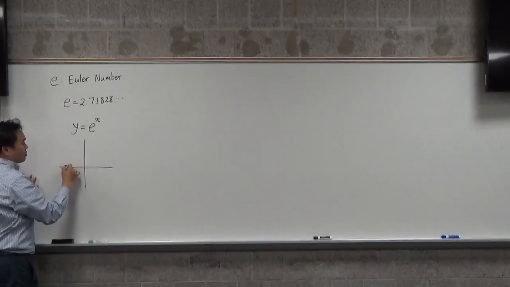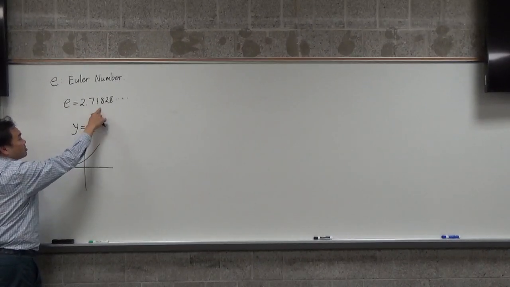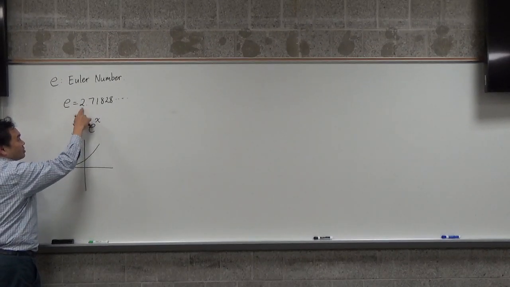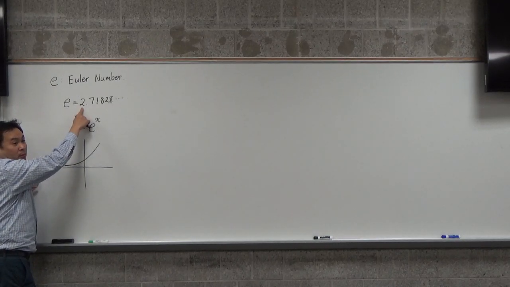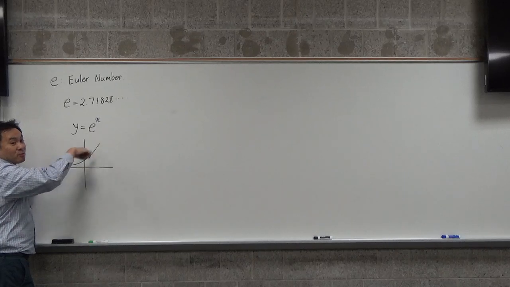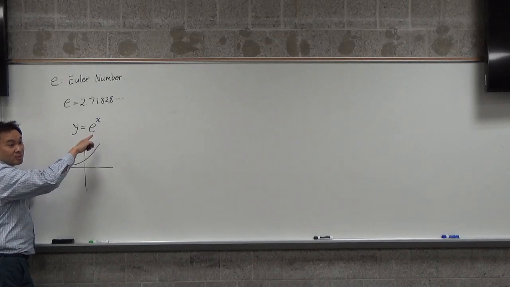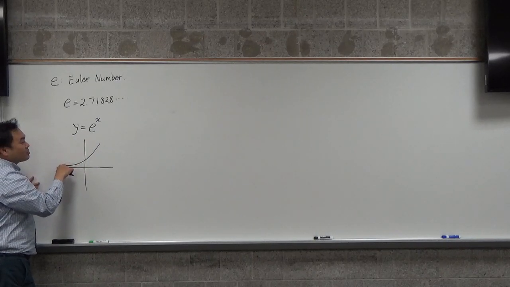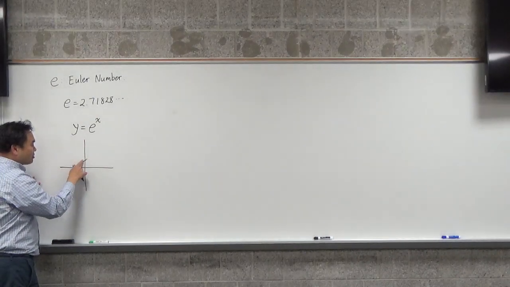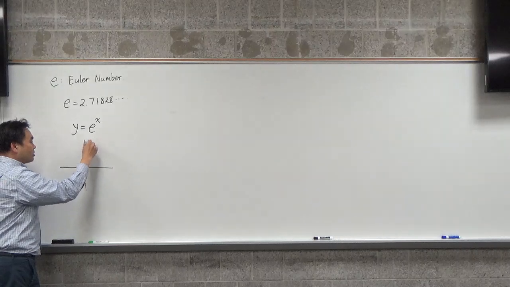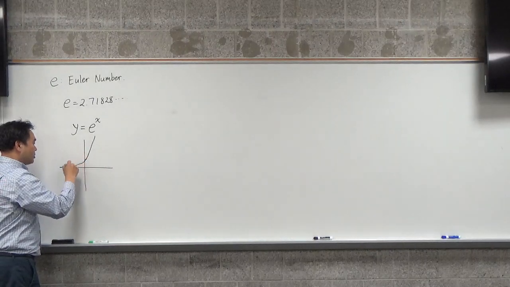If you draw this number as the base, this is just a bit bigger than 2 and less than 3, right? So the graph is not that different from 2 to the x. It's just slightly steeper than 2 to the x. So maybe I might say it's more like that, steeper.